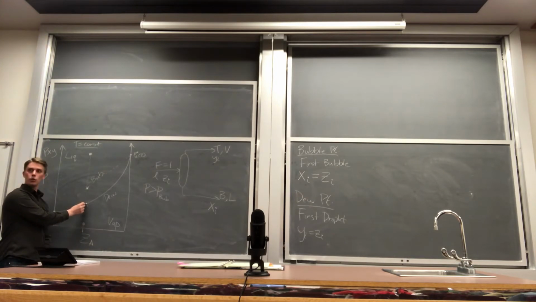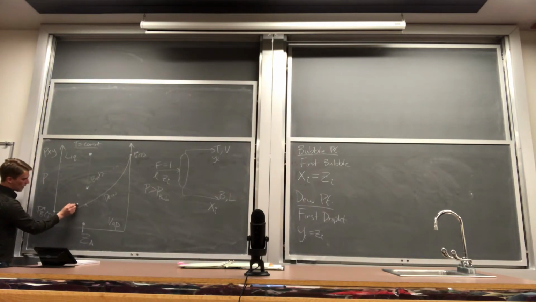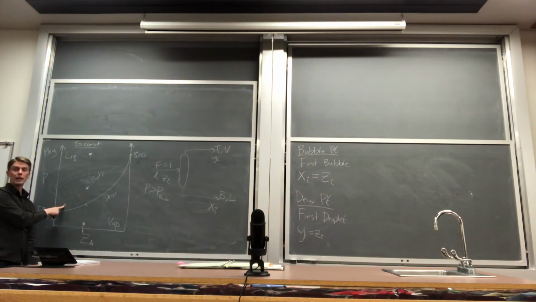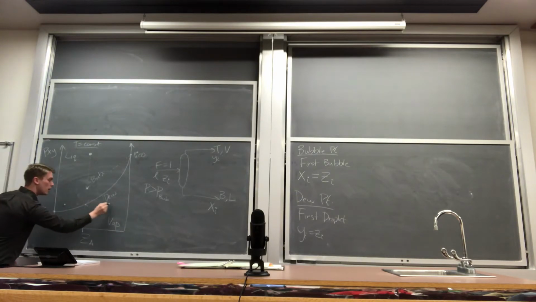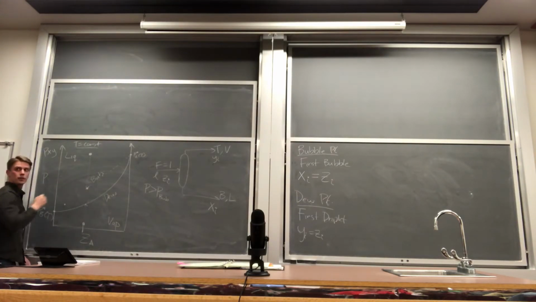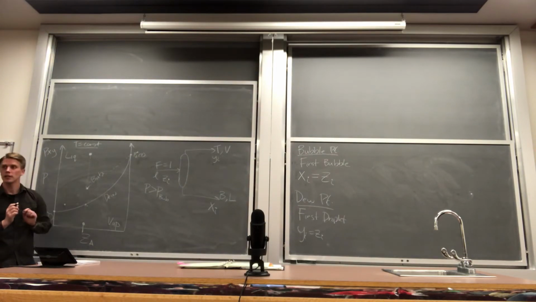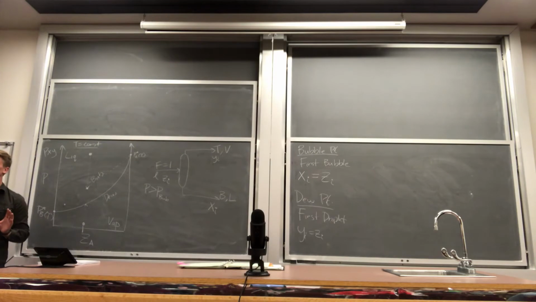As I hit the dew curve, I would draw a line horizontally over here, and this would give me my liquid phase composition, right? Because I would be at a constant pressure and a constant composition. But at the dew point, it's an infinitesimally small amount of liquid that forms. So little that we don't even really consider it influencing things.